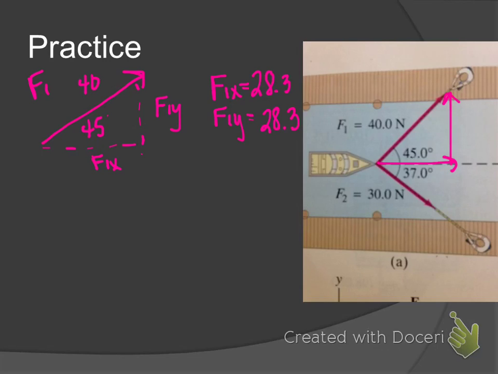Okay, on the same page so far? Let's look at our second force vector, which starts from our origin and goes downward. It's a 30 newton force, and it's being applied at an angle 37 degrees south of east. So I'd call this F2x and F2y.